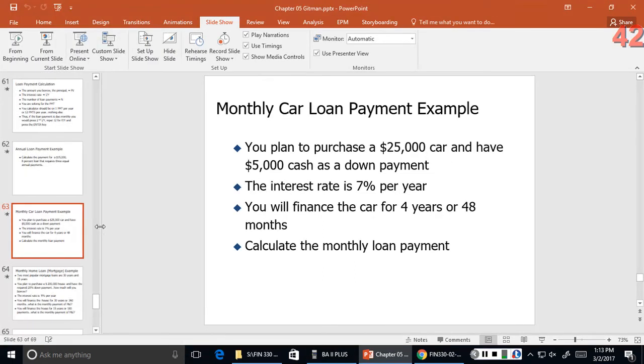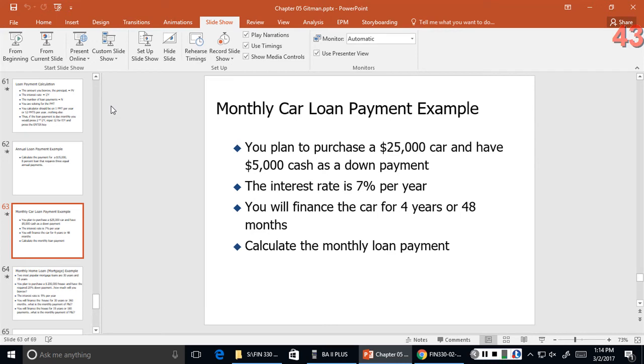Now here's another example, and this may be a little more realistic. Okay, you want to buy a car, and buying a car for some people is a very intimidating process for a couple reasons. One is cars are expensive.